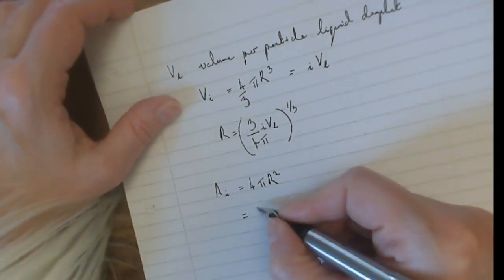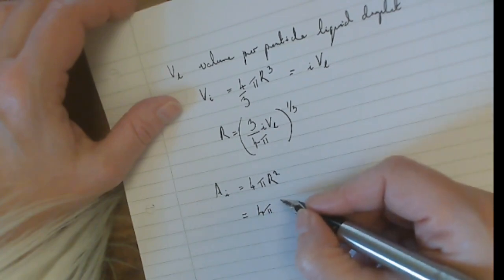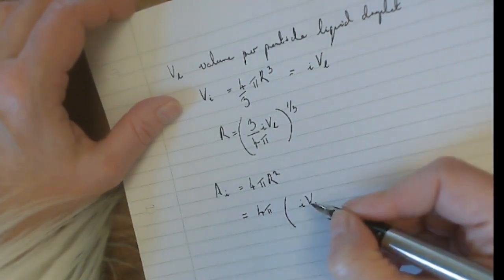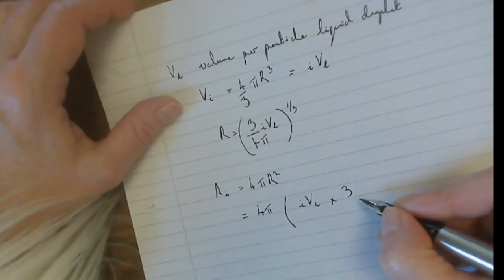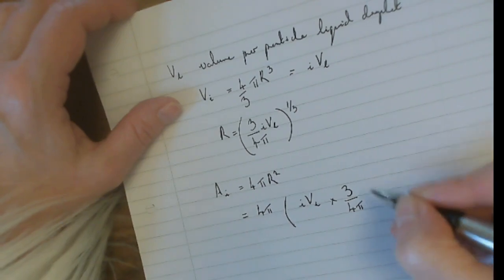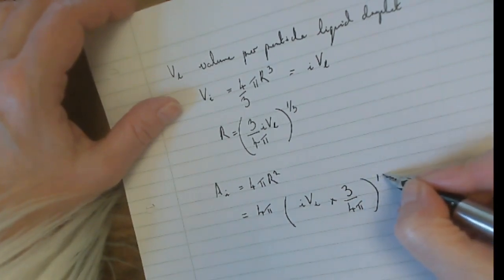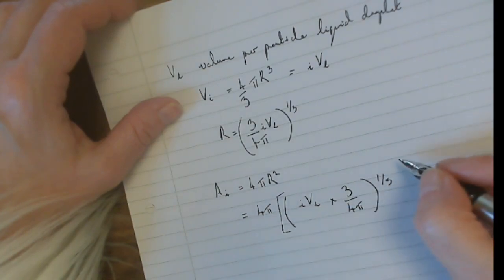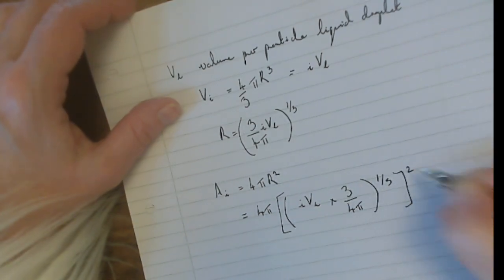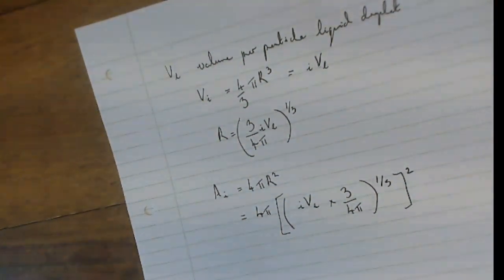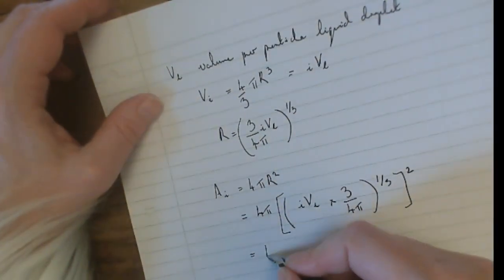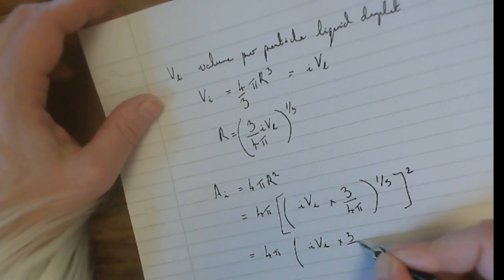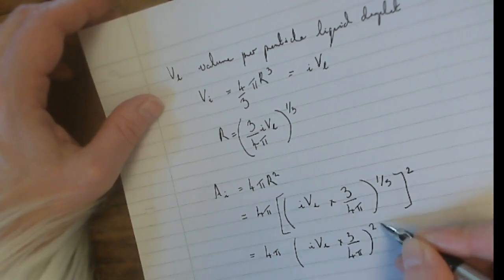So this is going to be equal to 4 pi times (IVL times 3/4 pi) to the 1/3, and of course all of that is squared, so this is IVL times 3/4 pi to the 2/3.